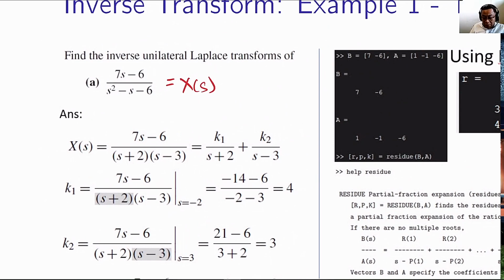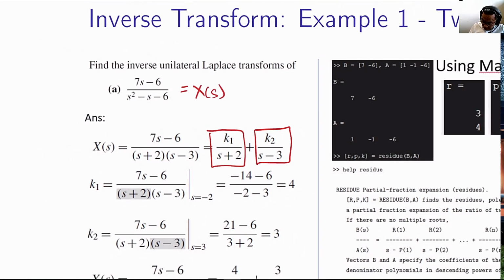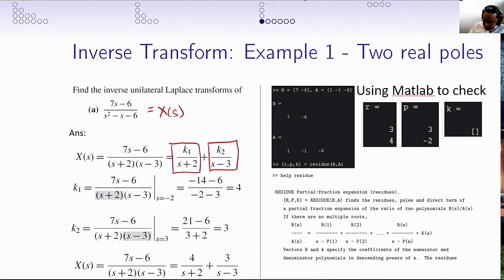And we're going to break this function into this form, where this form would have entries in the lookup table. Here, the answer is something called two real poles. S has a pole at -2 and a pole at +3.